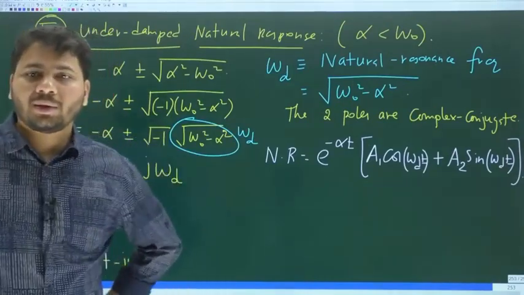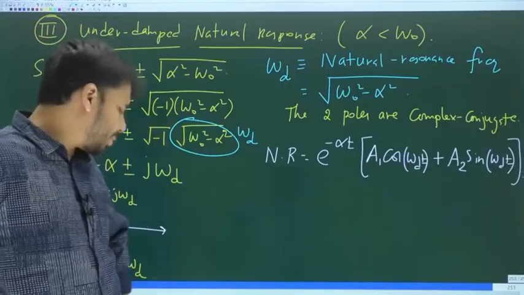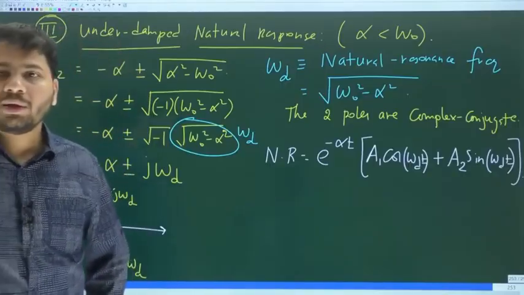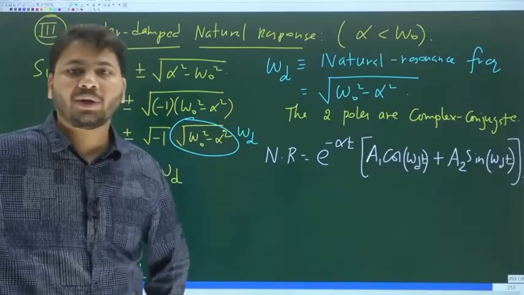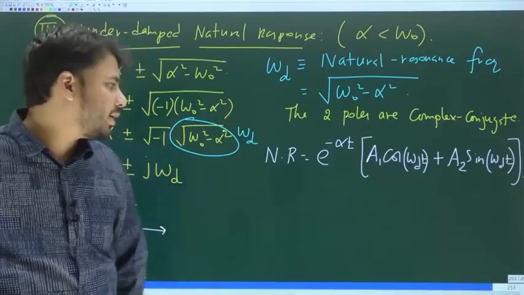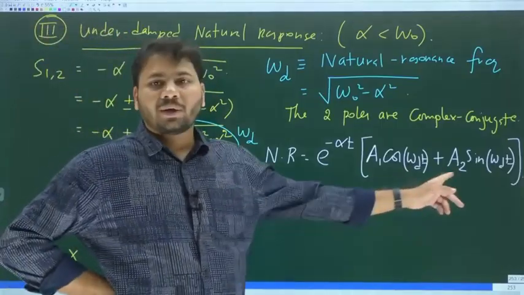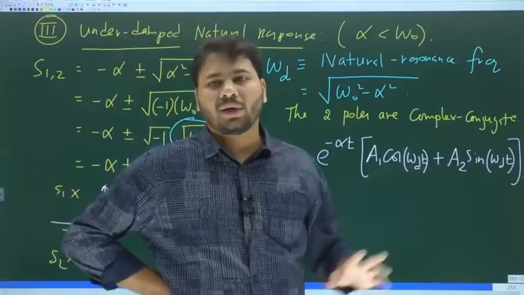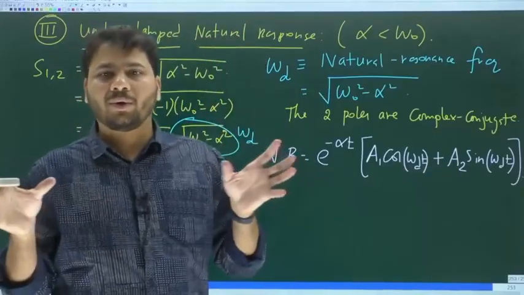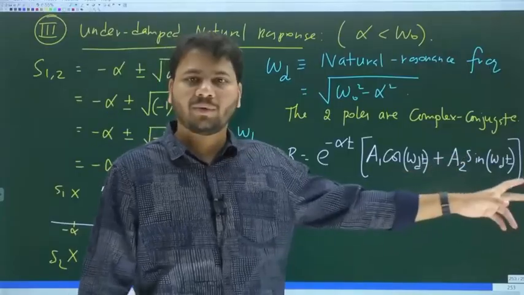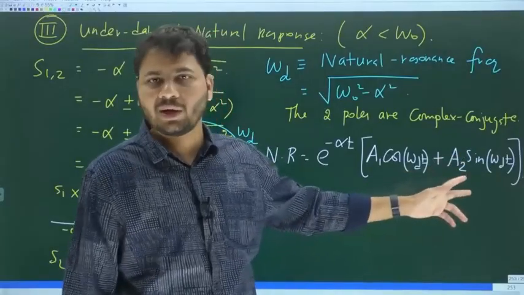When the natural response is underdamped: e power minus alpha t times a1 cos omega dt plus a2 sin omega dt. If you want, you can combine both the terms. Are they not at the same frequency, omega d?